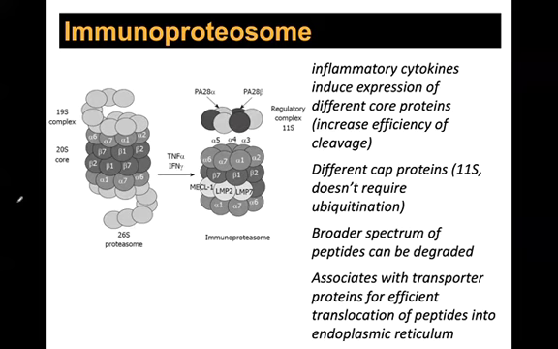Now, the difference here is that in the immunoproteasome, under inflammatory conditions, the cap no longer requires recognition of ubiquitin. It's just requiring recognition of any protein. And so if you think, well, why would that be? Well, in an infected cell, in which you're replicating lots of, let's say, viral nucleic acids in the cytoplasm, you don't have a lot of ATP.